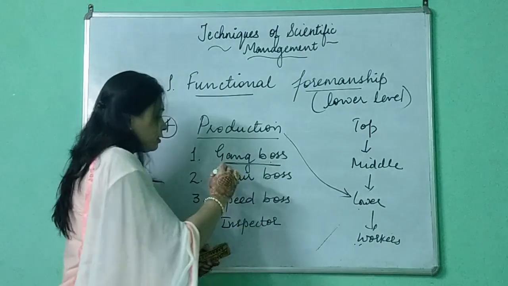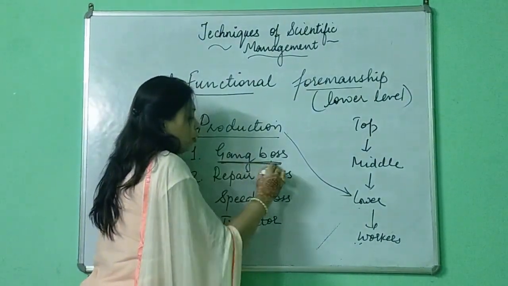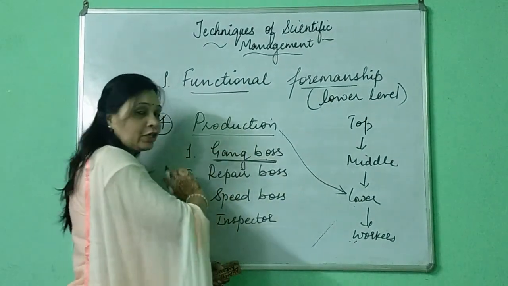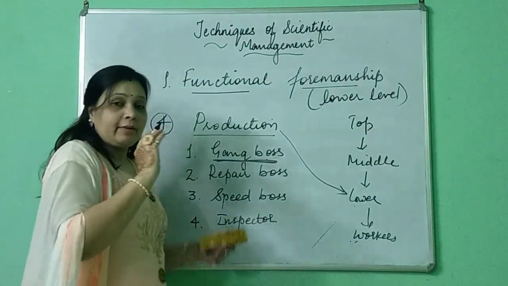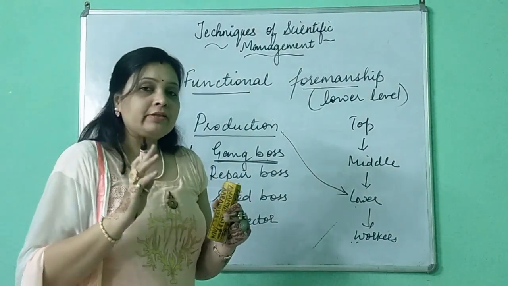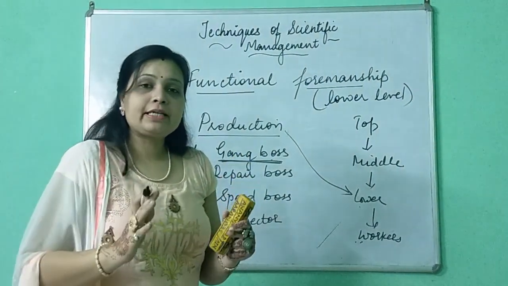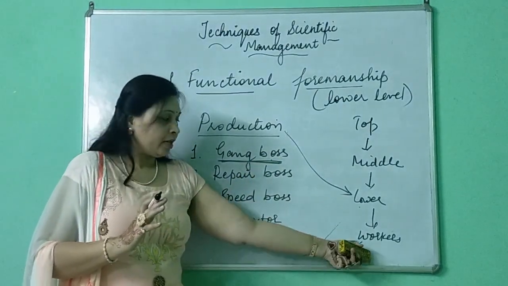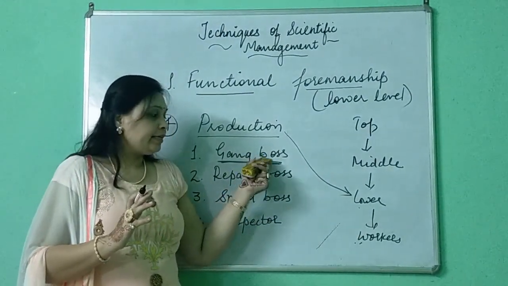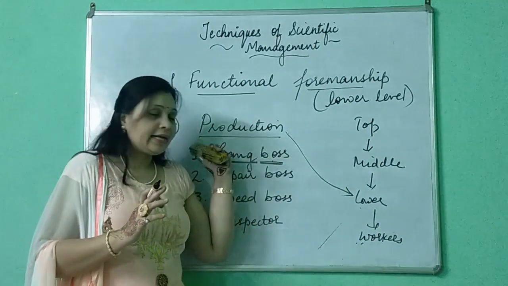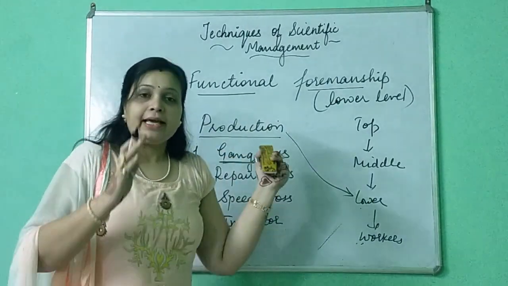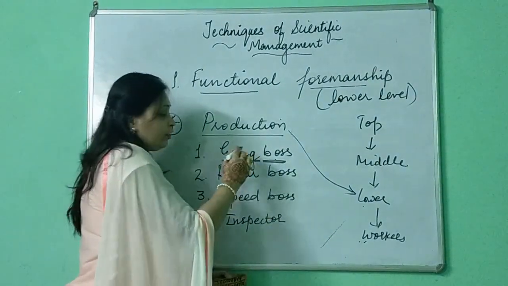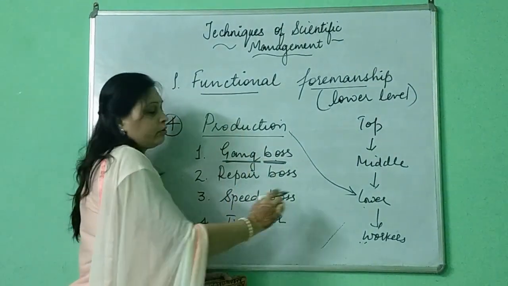Now what does this gang boss do? This gang boss is the leader of that particular gang. In the planning department we have seen there is an instruction card clerk. He prepares the instructions to be followed by the workers. Now the gang boss is the leader of the workers, so the instruction card clerk hands over the instruction card to the gang boss, and those instructions are to be followed by the workers.